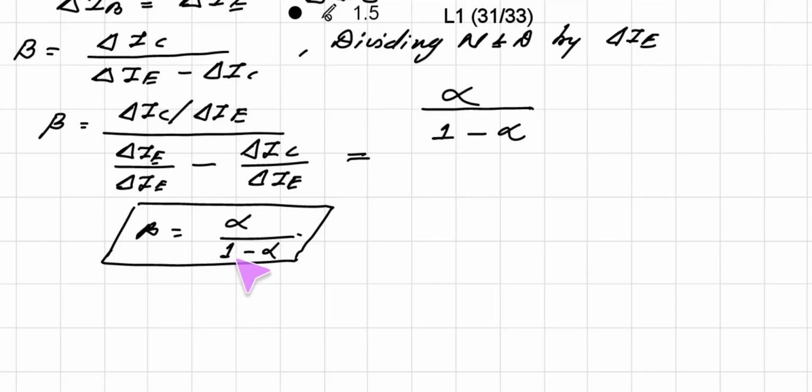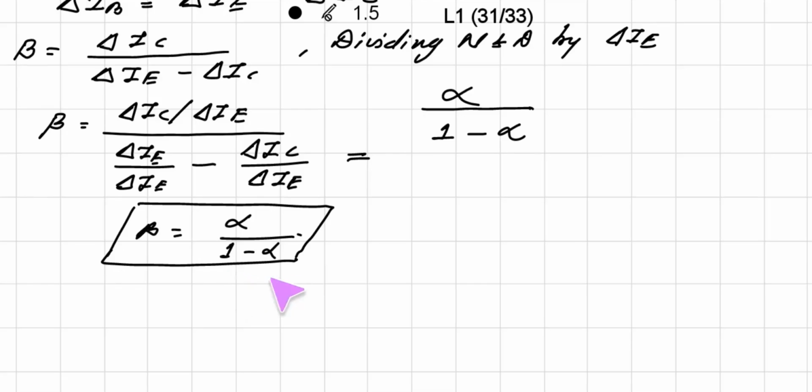So here we see this is 1 and this is alpha. If the value of alpha is 1, then 1 minus 1 is equal to 0, and when this term becomes 0, the beta becomes infinite.